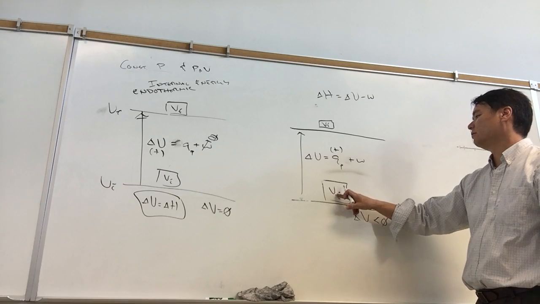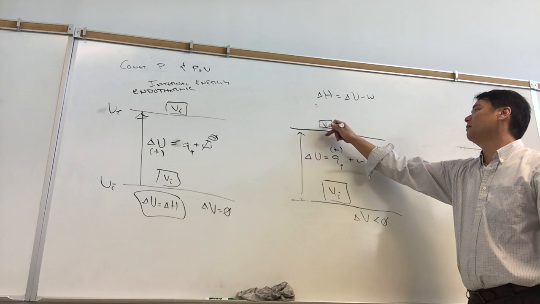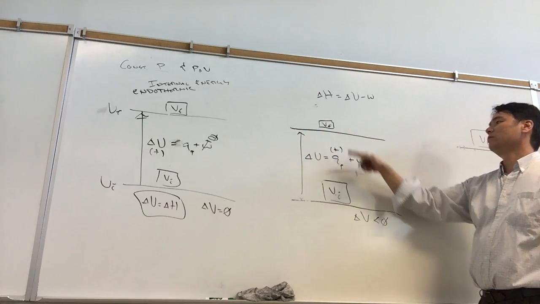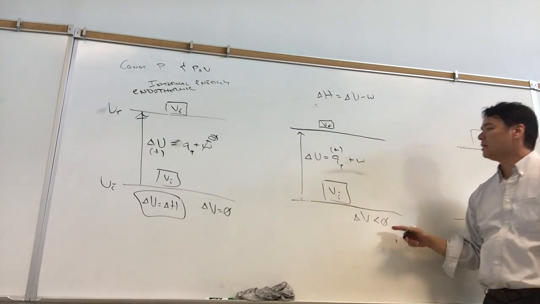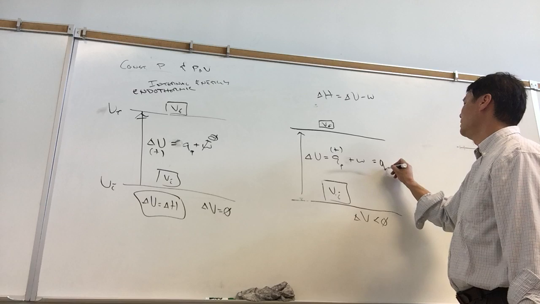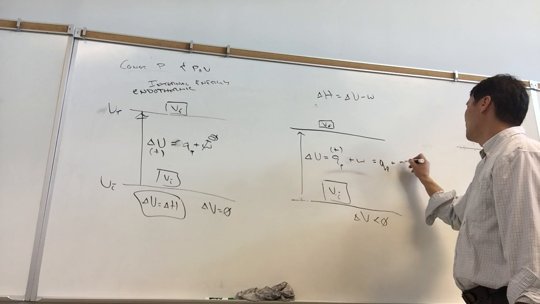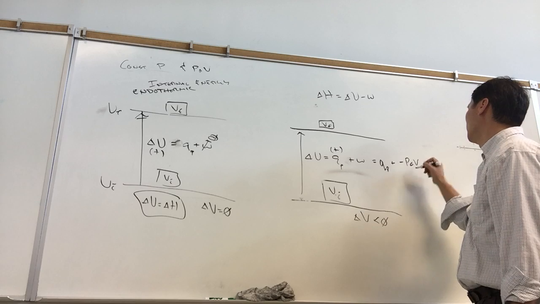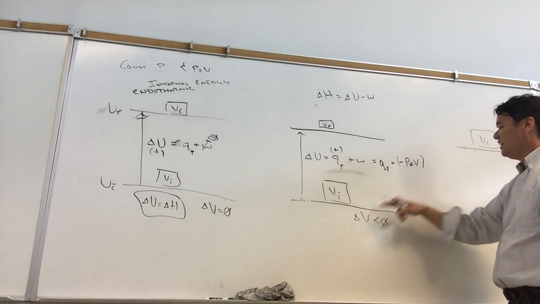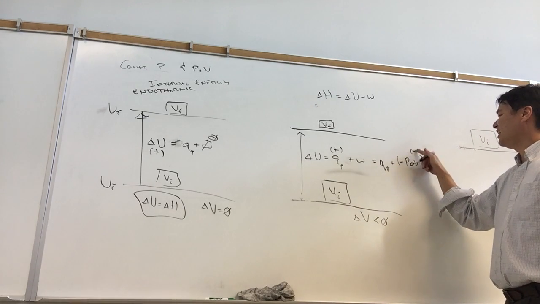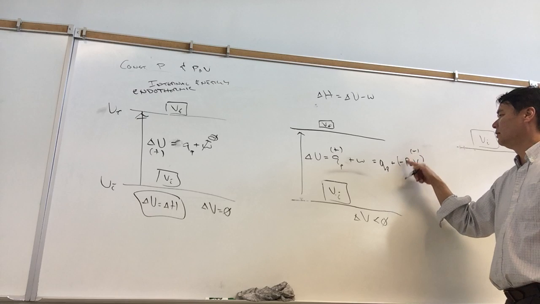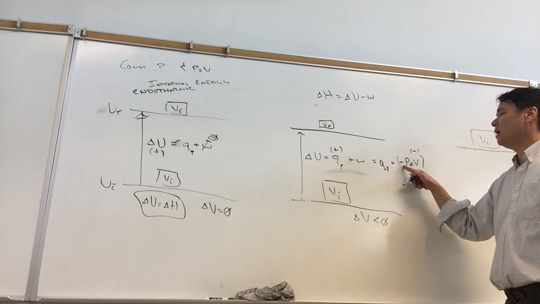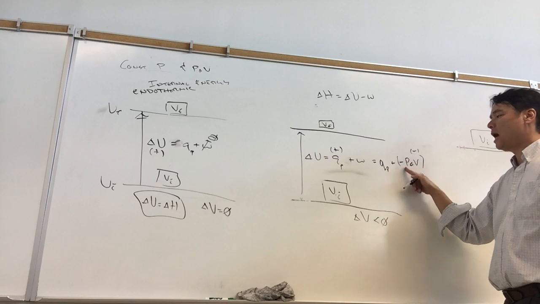This is reversed here. V initial, this is going to be V final up here. So V initial to V final. If delta V is less than 0, well, we know that this is QP plus minus P delta V. I'm going to quit writing that to save time. Delta V is less, so this is negative. A negative times a negative gives us a positive.